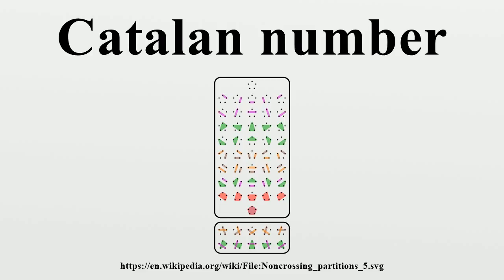For n equals 3, these permutations are 132, 213, 231, 312 and 321.